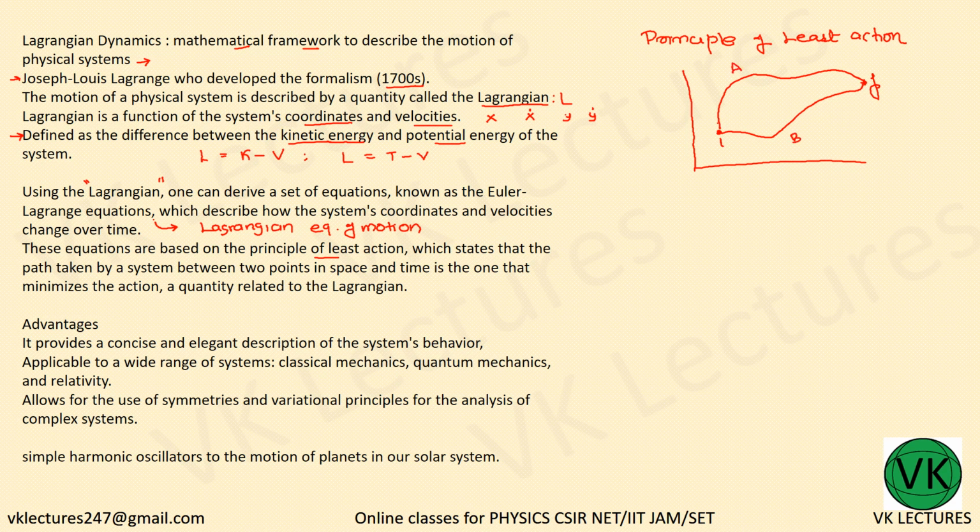Now, if there is a particle, this particle would take the path which has the least action. For example, if A has the least action, then the particle would take this particular path to reach F, and not B. This is called the principle of least action. This is also based on Fermat's principle.